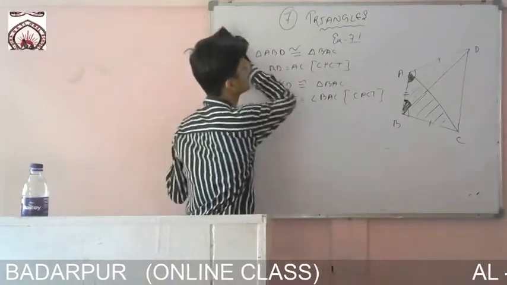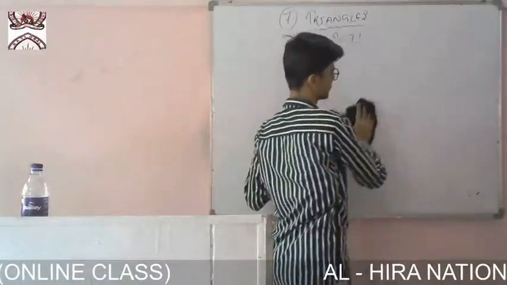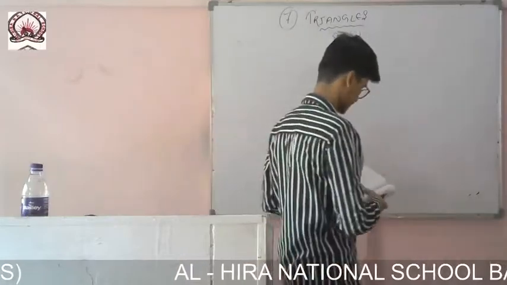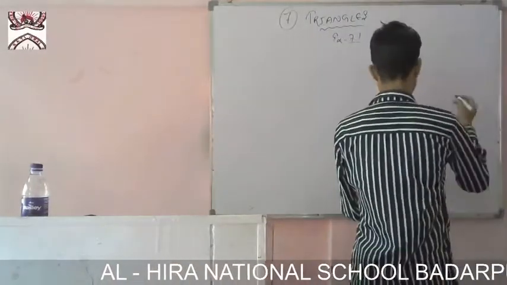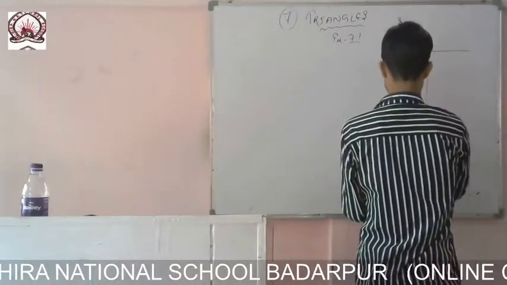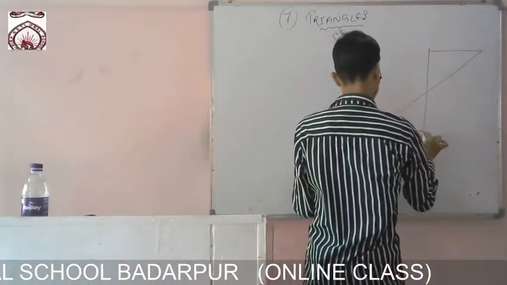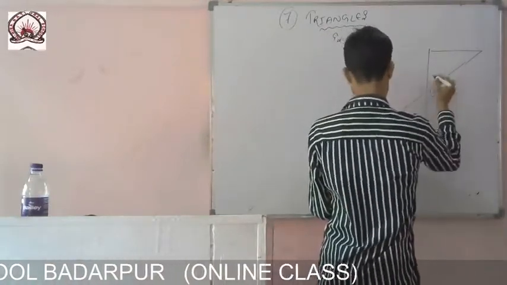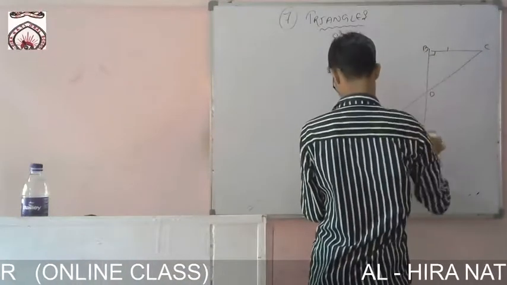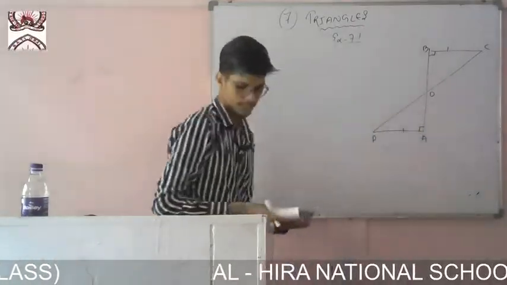First of all, let me draw the figure, then I will say what to do and how to find. D, A, O, B, C. So this is the figure.